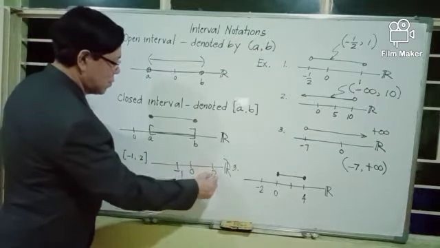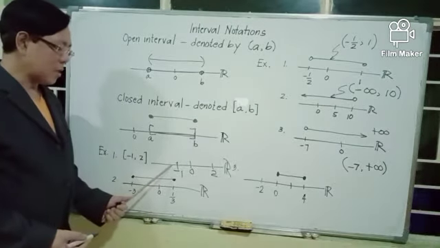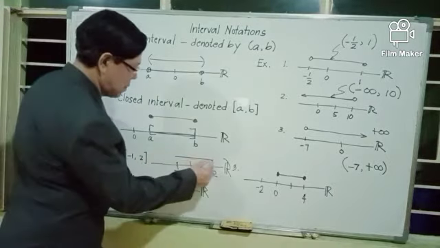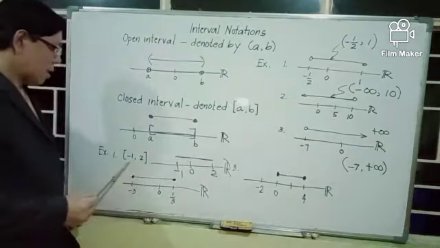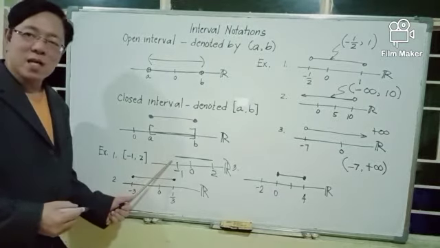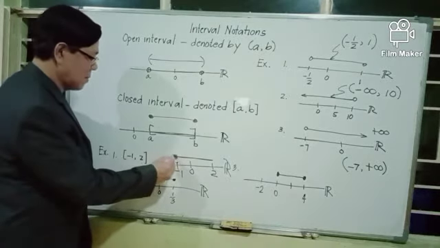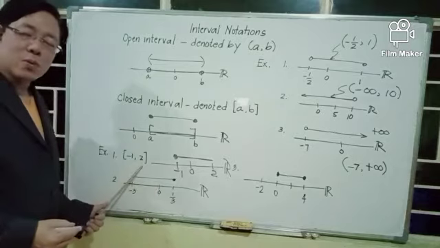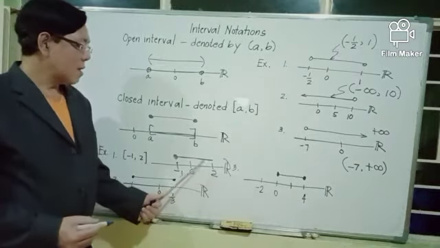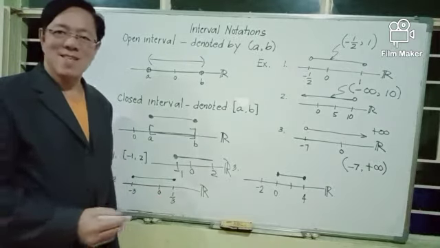The closed interval -1 and 2 is the set of real numbers from -1 to 2. And -1 is included in the set, and we indicate that in the diagram by a shaded small circle. And 2, the right endpoint, is also included in the set, and in the diagram we indicate that by a shaded small circle.